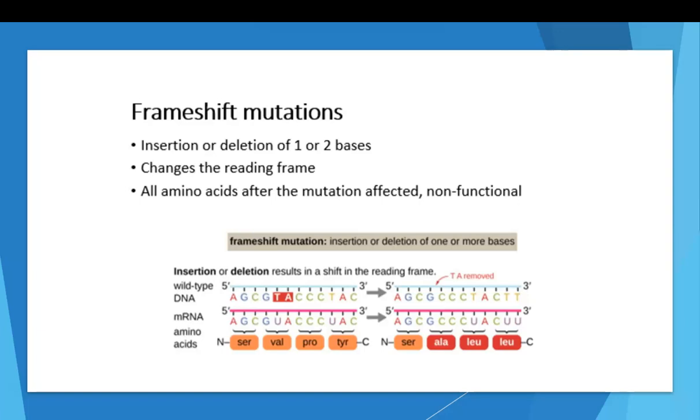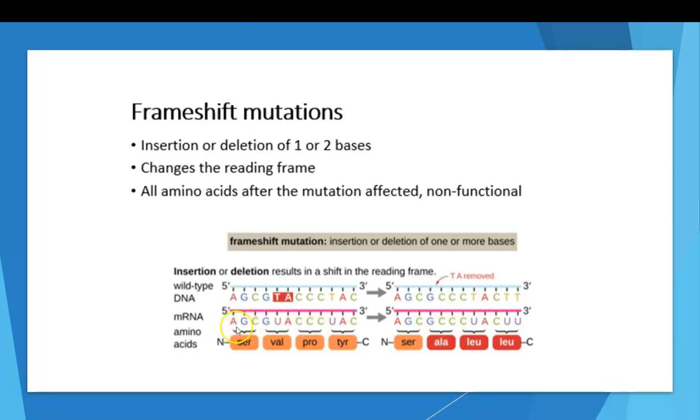You can see in this picture, this is the wild type. If you remove two nucleotides from your DNA, we call this a frameshift mutation, a deletion of one or two nucleotides. If you remember, I told you every three nucleotides make one codon. So when you delete two nucleotides, it changes the order of the codons.